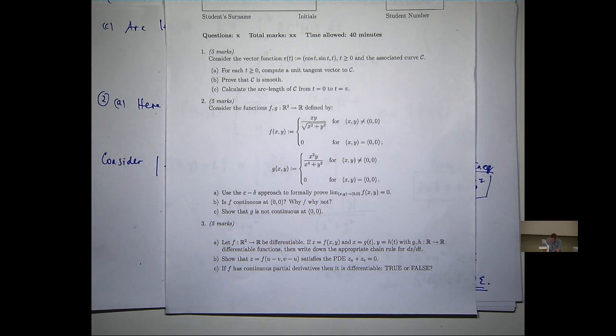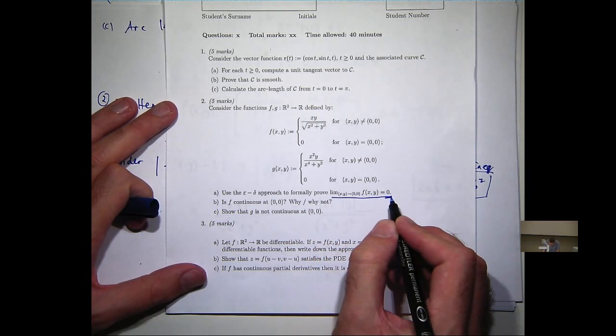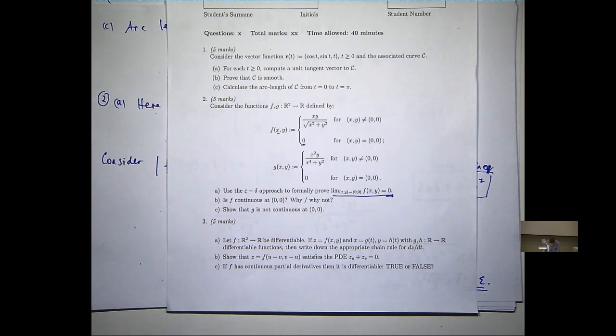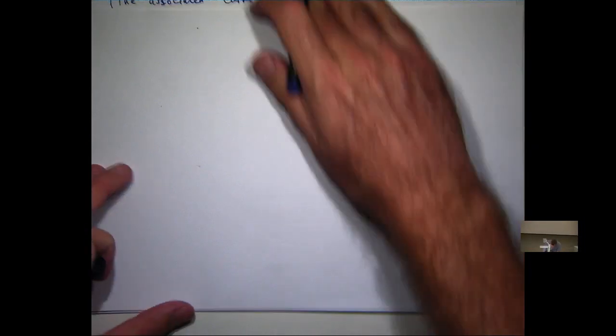Yep. So the important thing here is that we calculated this limit, we got 0, and that's the value of the function at the origin. Remember, a function's continuous at a point if the limit, as you approach that point, is equal to the value of the function at that point. So all you really need to do for part B is write down maybe one line.